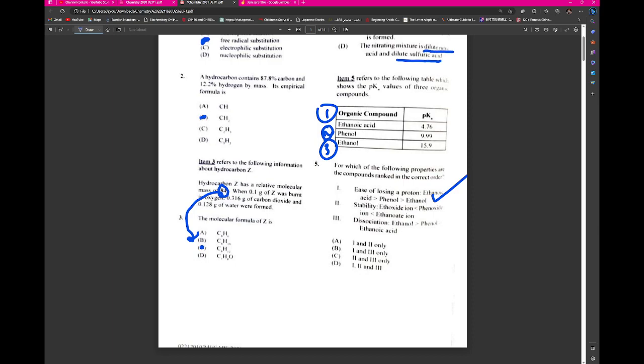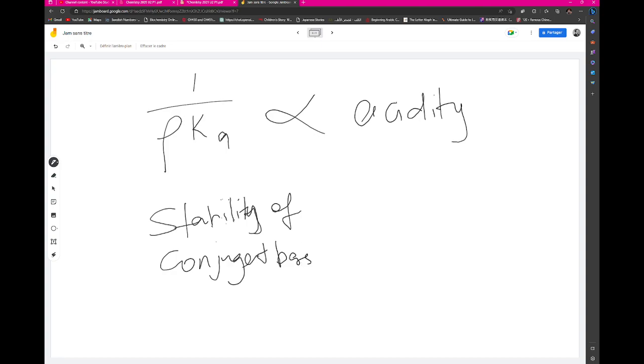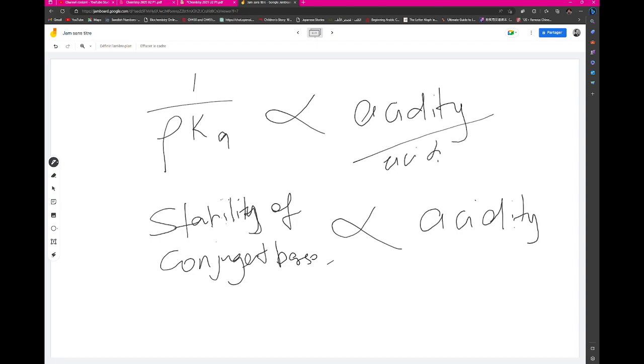Stability now. We know that the stability of the conjugate base is directly proportional to acidity, or acid strength, as well.